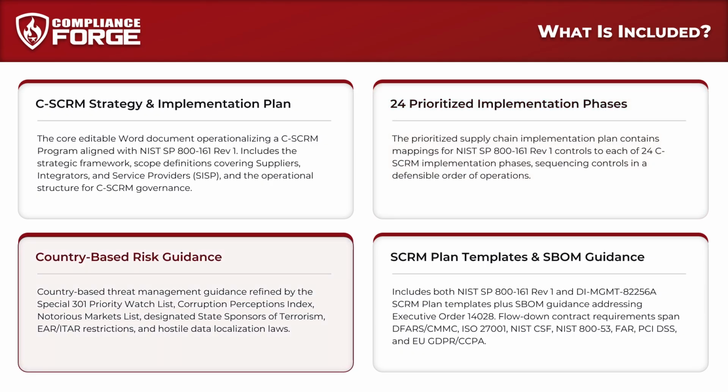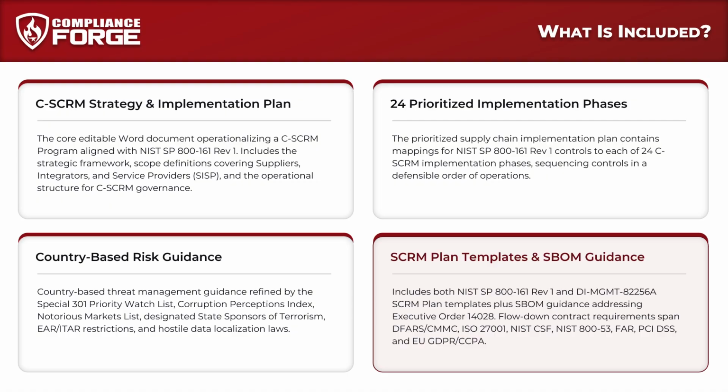The country-based risk guidance, refined by the Special 301 Priority Watch List, the Corruption Perceptions Index, the Notorious Markets List, designated state sponsors of terrorism, EAR and ITAR restrictions, and hostile data localization laws. And the SCRM plan templates and SBOM guidance.